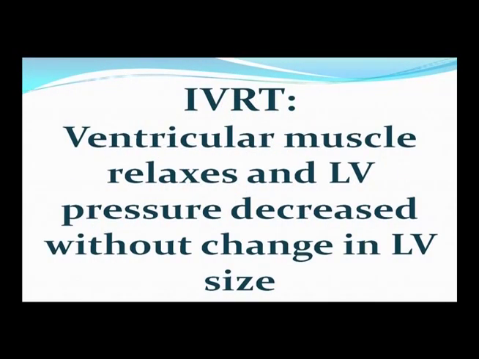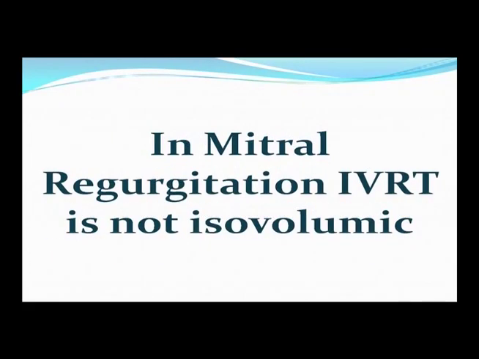During this time period, both valves are closed and left ventricular pressure drops rapidly from approximately 120 millimeters of mercury to 5 millimeters of mercury as the left ventricle relaxes without a change in left ventricular volume. In mitral insufficiency, the left ventricular volume is actually changing because of the mitral leak, so it is not a true isovolumic time measure.